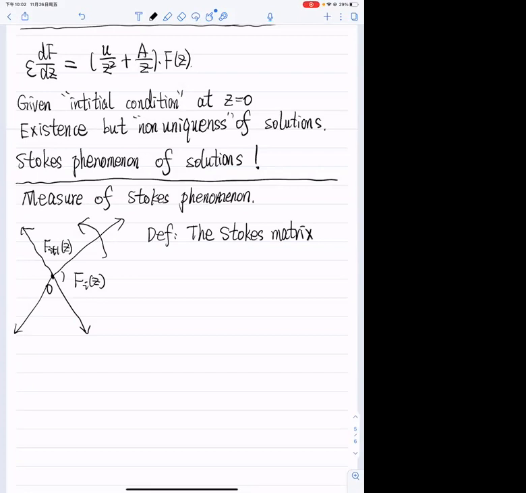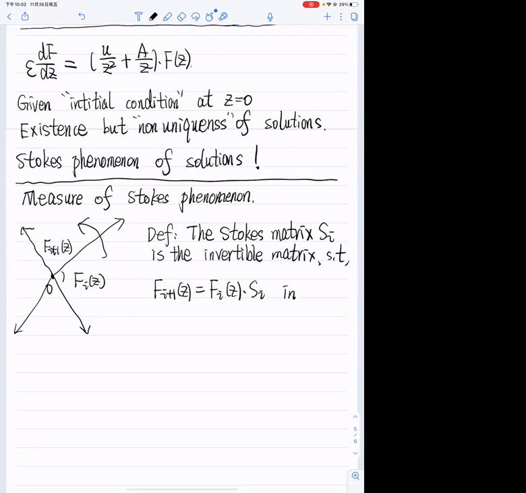So the so-called Stokes matrix is an n by n invertible matrix determined by the ratio of Fi and Fi+1 inside the defining domain of I+1, after Fi has been analytically continued from sector I to sector I+1.